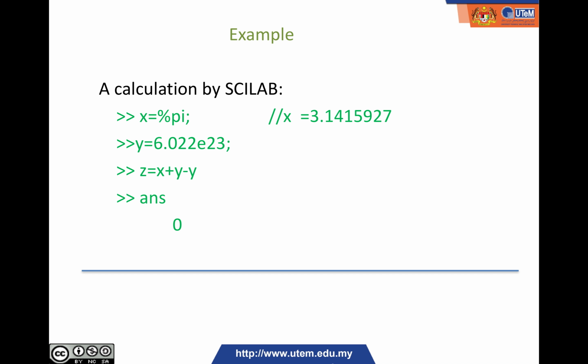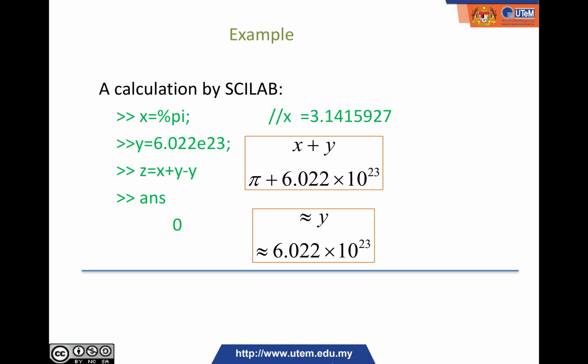Let's look at one example here. The calculation of z equal to x plus y minus y will return the result 0 in Scilab. However, the true value here is pi indeed. Here, x plus y and y are two almost equal quantities, where x plus y is approximated as y.